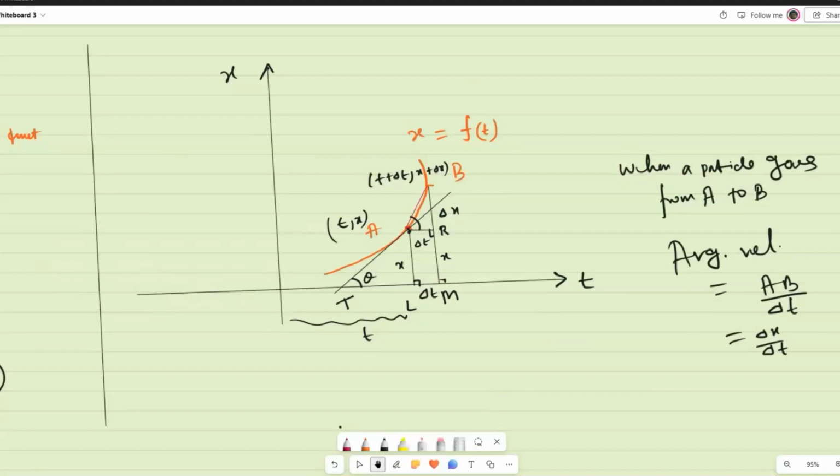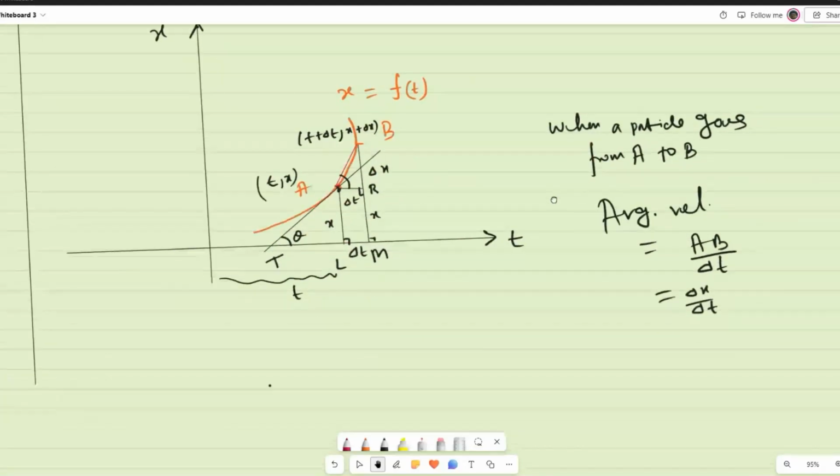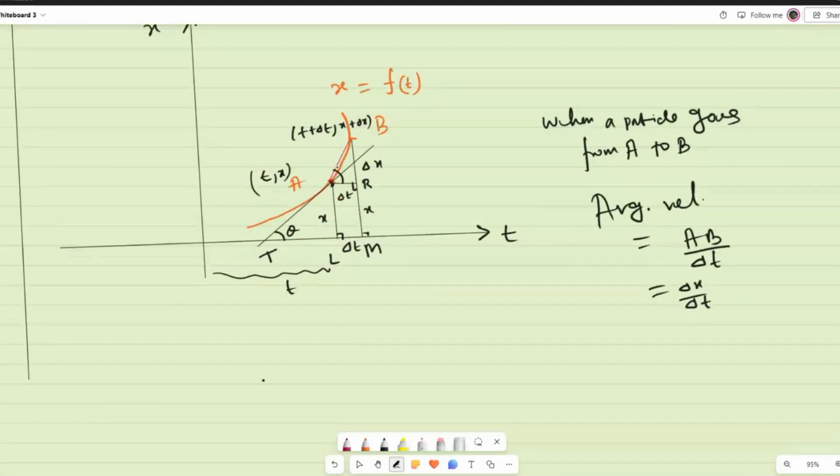For that, we'll assume that B is gradually tending towards A. Suppose this point we have taken as T A, so this point I am taking S. When B is tending to A, then BA tending to SA, and SA is coincident with AT.